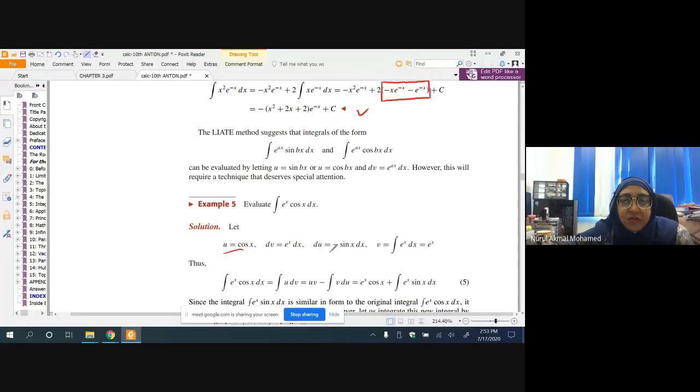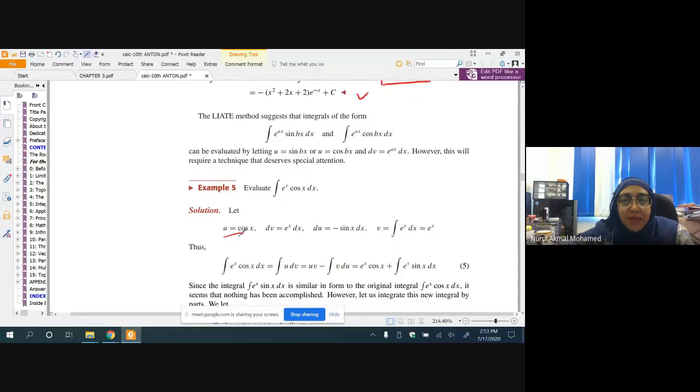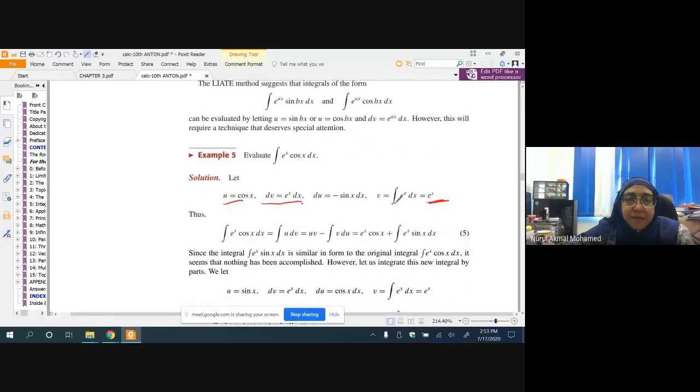Then du is negative sin x dx, and for v you integrate this one, and it gives you v equal to e^x. After that you substitute in the integration by parts formula and get e^x cos x plus e^x sin x.